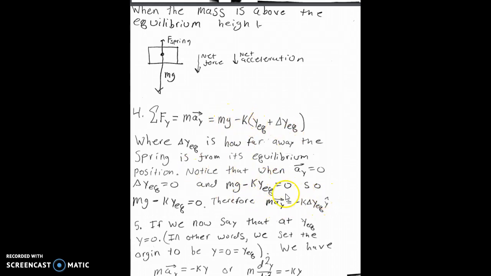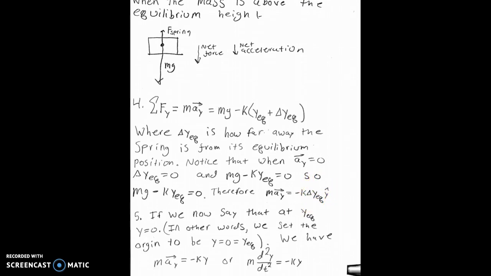That just leaves the mass times the acceleration in the y direction equal to k times the change in y from the equilibrium position. So we basically reduced it to an equation where the acceleration is related to the change in y.